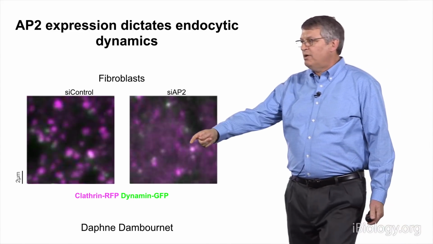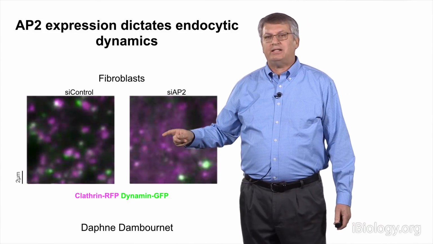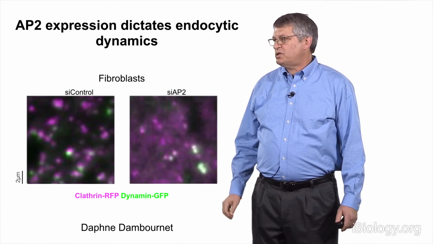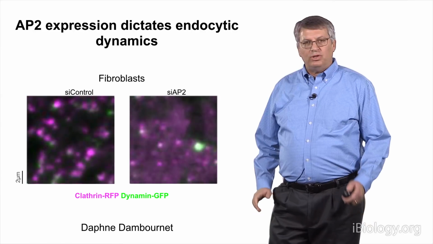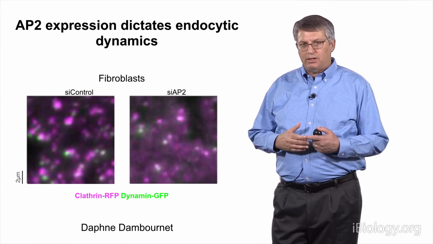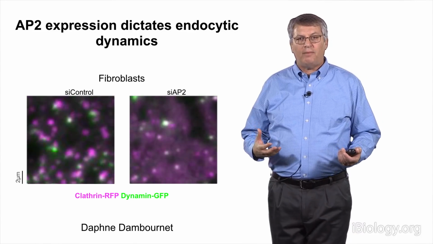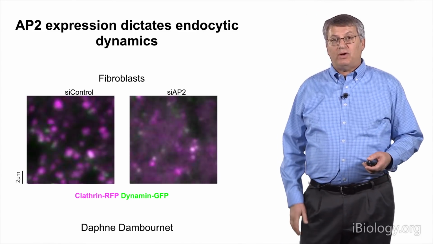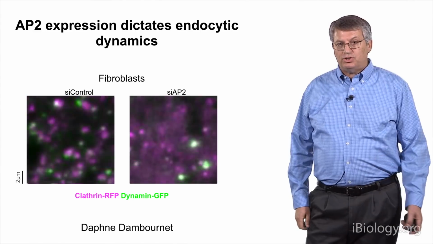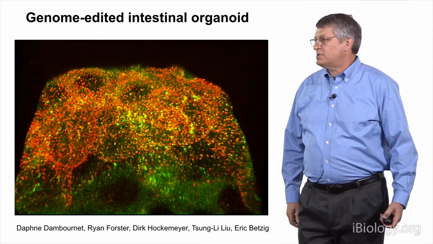And that's shown here. And now the fibroblasts are making lots of very small endocytic structures very rapidly. So using this system, we're able to show that the changes in dynamics and structure of these endocytic sites are programmed during development, and we're able to identify a key molecule in the control of the dynamics of these events.